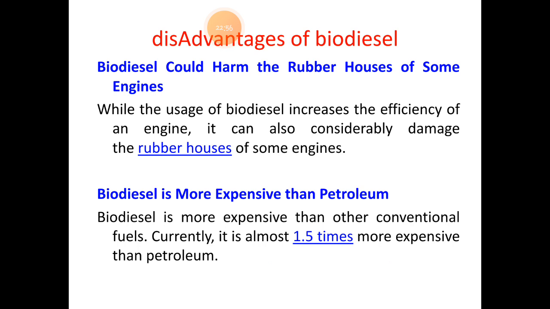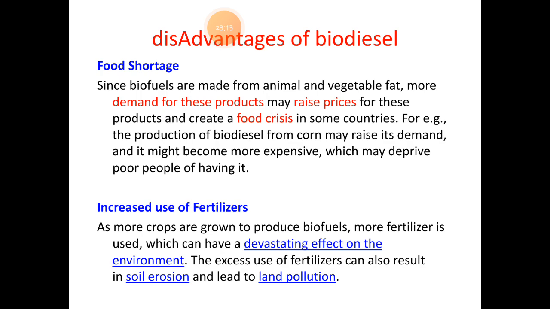The next one is that the cost of production of biodiesel is comparatively higher than the petroleum diesel. It was estimated to be roughly 1.5 times more expensive than the petroleum diesel. Biodiesel may lead to food crisis and demand for the vegetable oil and animal fats.